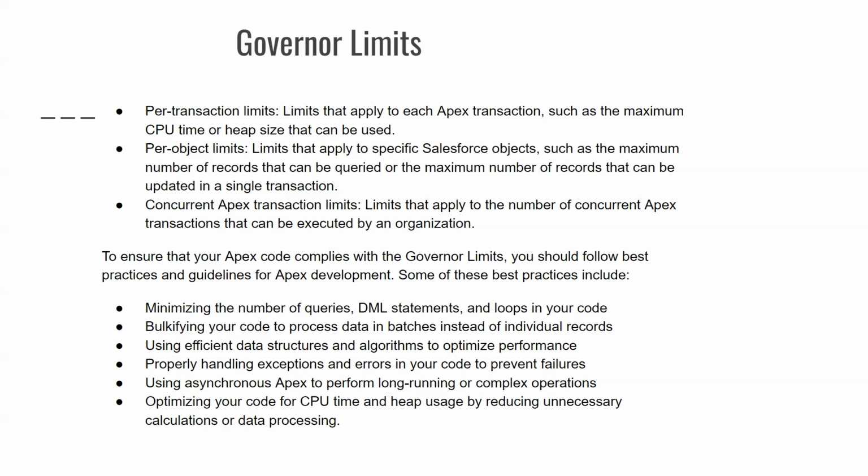Optimizing your code for CPU time and heap usage by reducing unnecessary calculations or data processing. By following these best practices, you can develop Apex code that is efficient, reliable, and scalable.